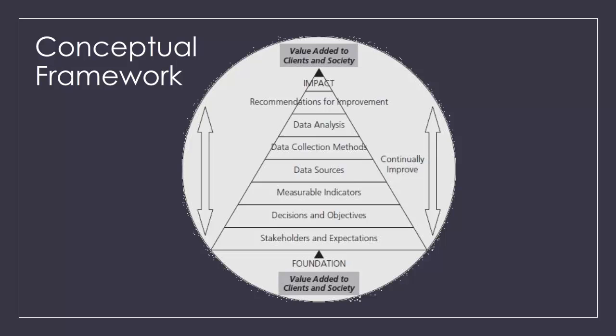And it goes up the model through the decisions and objectives, your measurable indicators, data sources, data collection methods, data analysis, recommendations for improvement, and the impact. With this, you're going to end up on the top part of the model, where you're going to see the value added to the clients and society. Along the pathway, you'll be able to continue to improve on the processes and the evaluation model that you have.